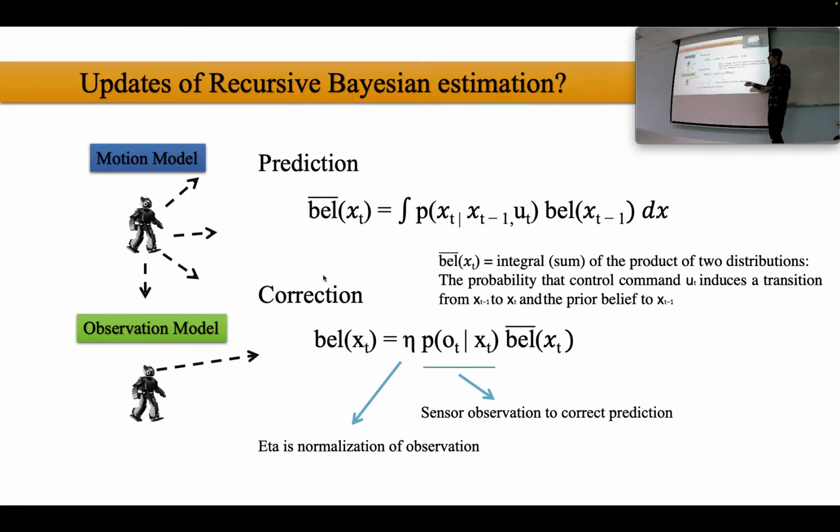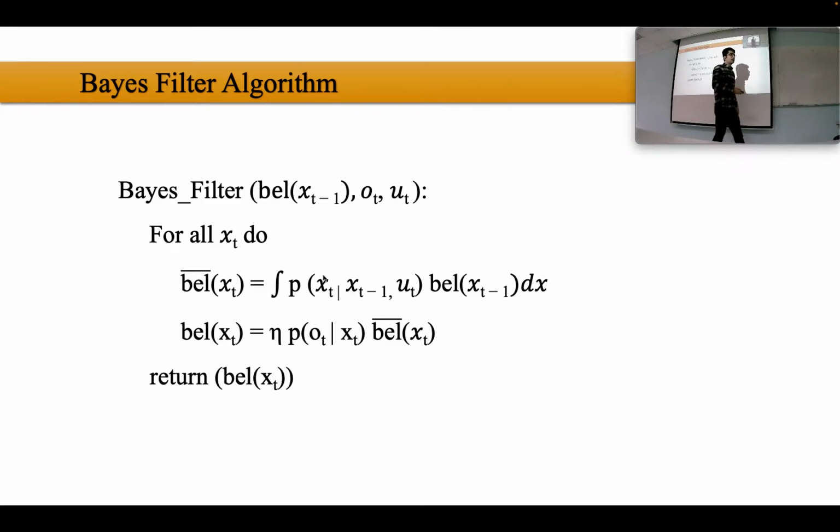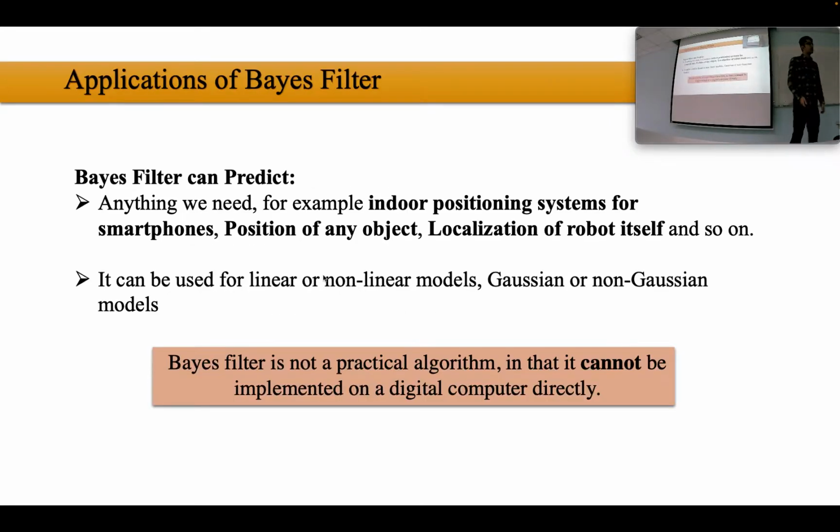After the prediction step, we have the correction step, where we apply the observation model. There we had the normalization term, the probability of observation over states, and the belief. Then we saw the Bayes filter algorithm quickly.